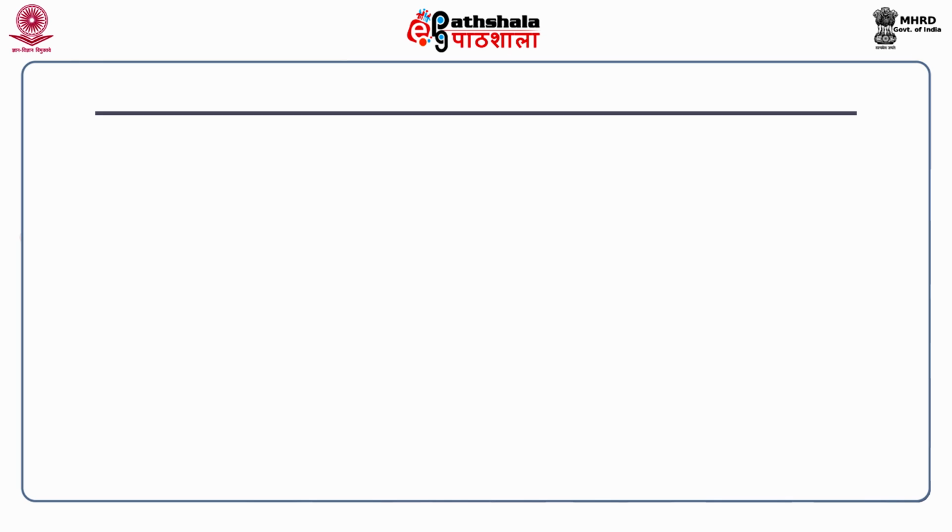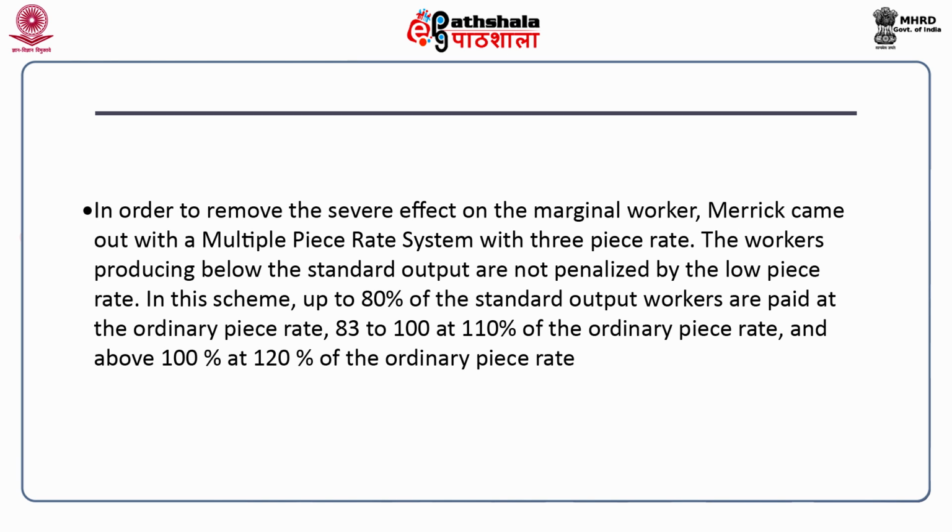In order to remove the severe effect on the marginal worker, Merrick came out with a multiple piece rate system with 3 piece rates. The workers producing below the standard output are not penalized by the low piece rate.